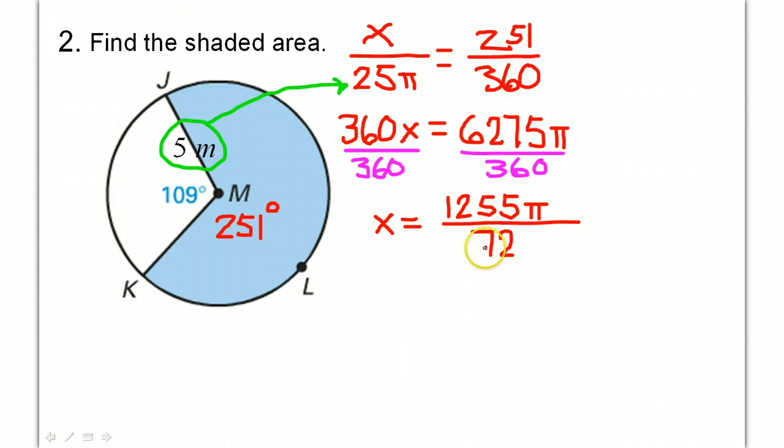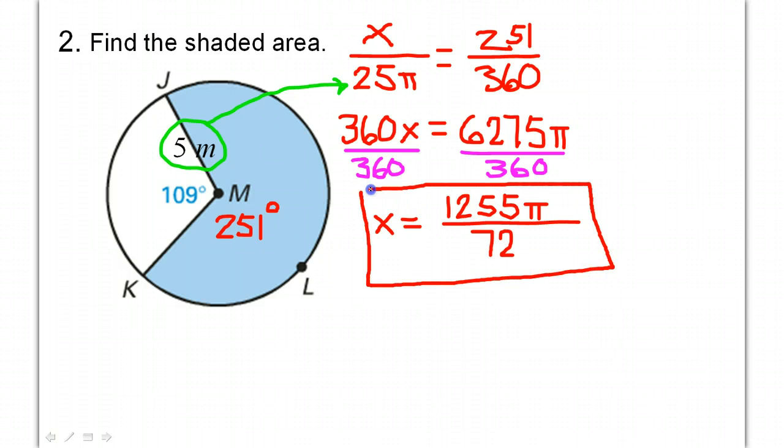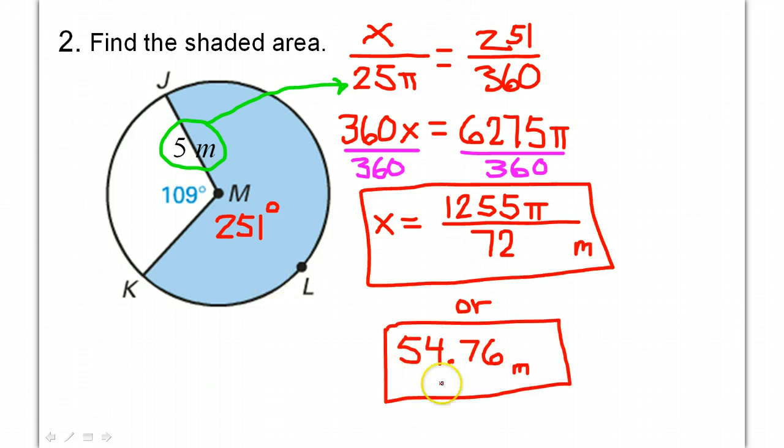So this would be the exact answer, 1255 pi over 72. Or I could write this as a decimal. That would be 54.76 meters.